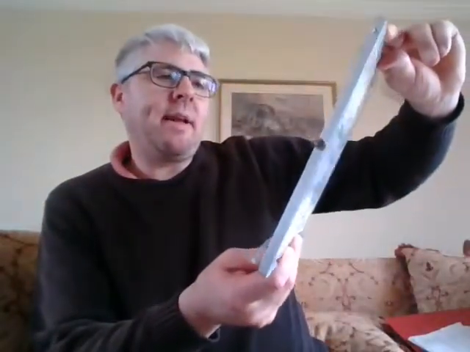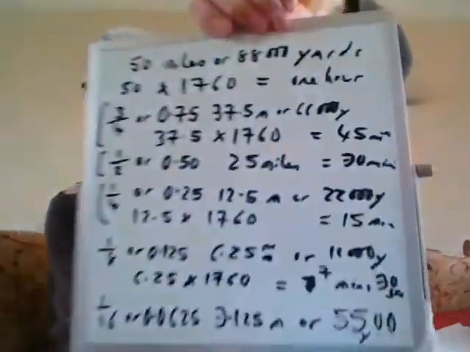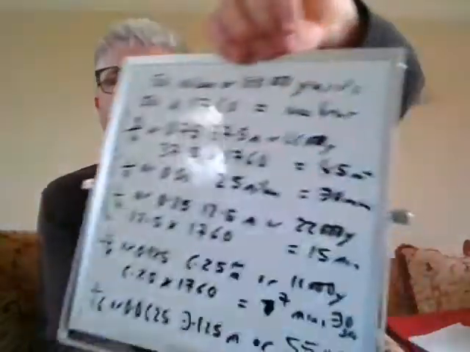On this side it's 45 minutes, and then it's the same again. So 12.5 miles times 1760 gives you the answer of 22,000 yards, and 37.5 miles times 1760 gives you 66,000 yards.